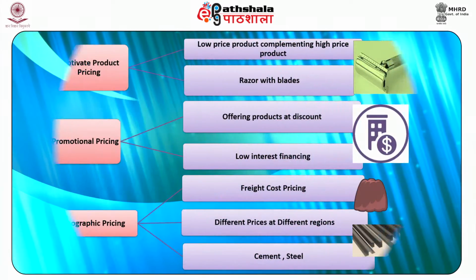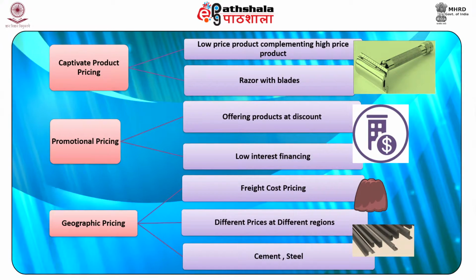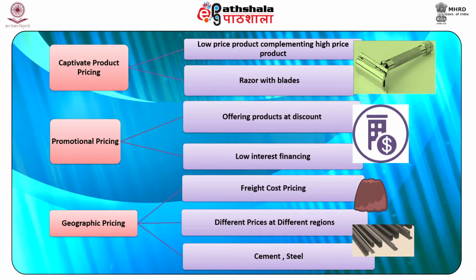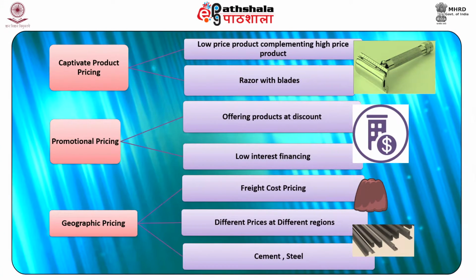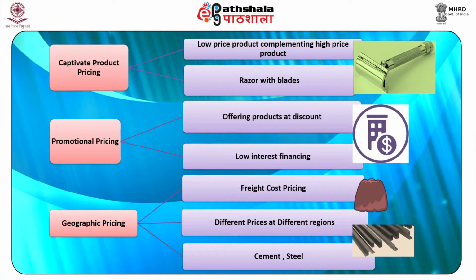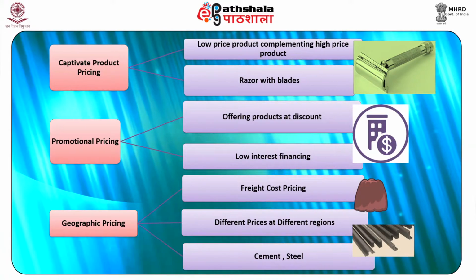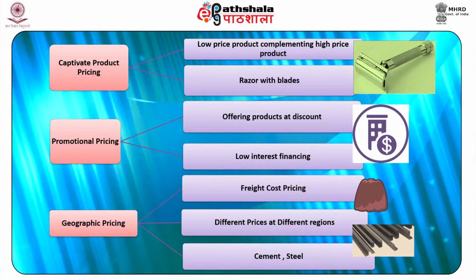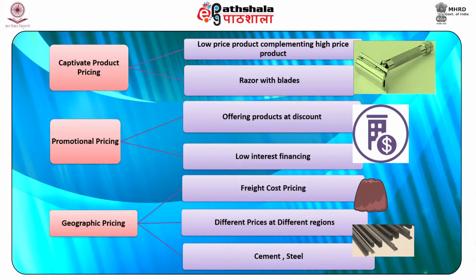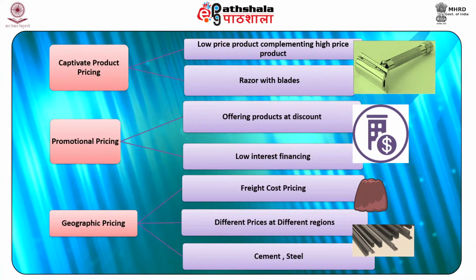Geographic pricing charges different prices for different regions due to difference in shipping cost. Shipping cost like freight may either be paid by the firm or by the customer, or both may share. Geographic price policies are important because they affect the firm's spatial penetration and location of the product and warehousing facilities.